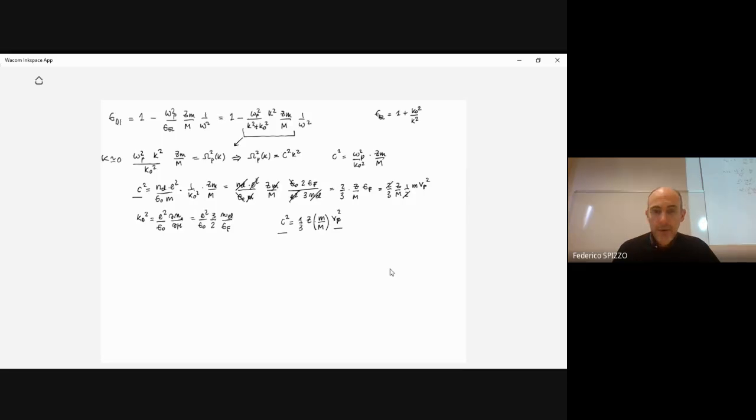Then the ratio between electronic mass and ion mass is at least of the order of 10 to the minus 3, 10 to the minus 4, because the mass of the ion, let's say the mass of a single proton or a single neutron, is nearly 3 orders of magnitude larger than the mass of the electron.